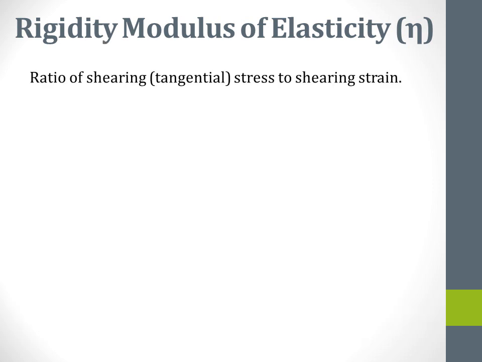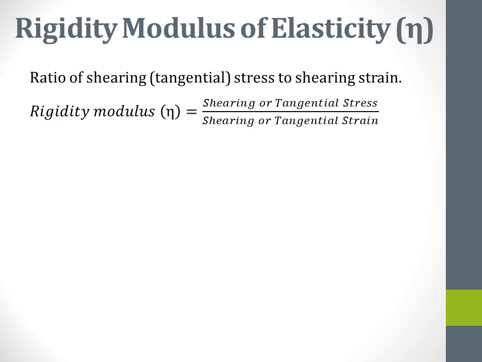The rigidity modulus is defined as the ratio of the shearing stress to the shearing strain. It is given by this formula: eta is equal to the ratio between the shearing or tangential stress to the shearing or tangential strain.